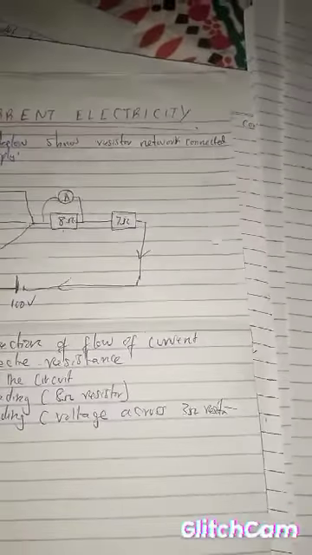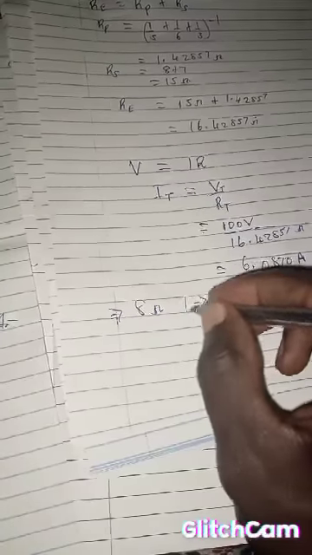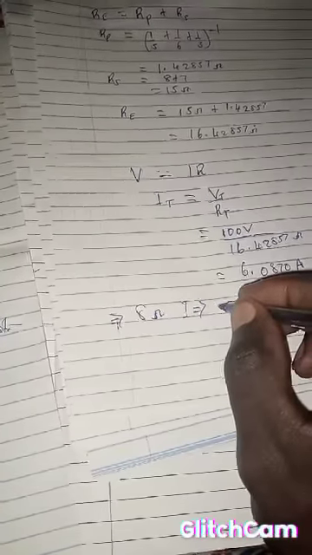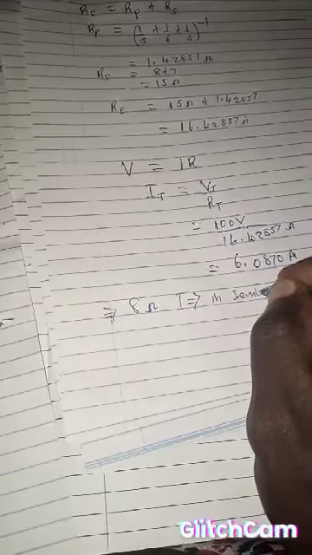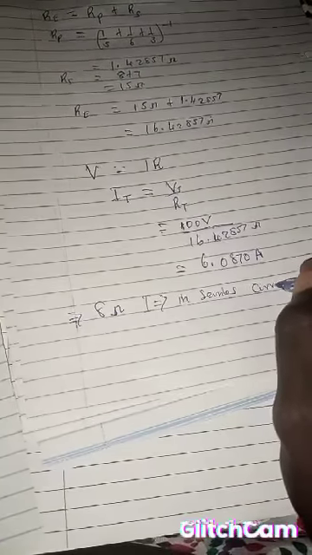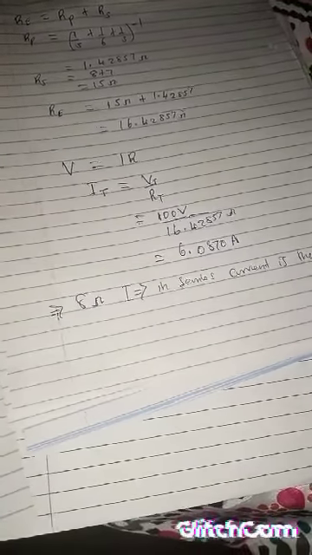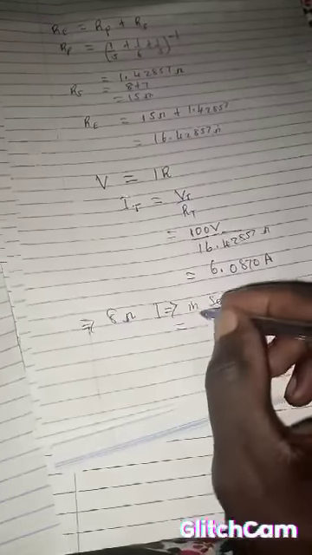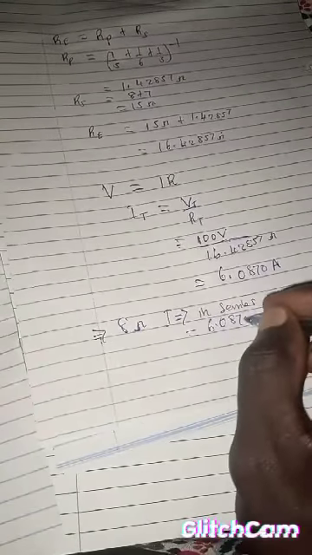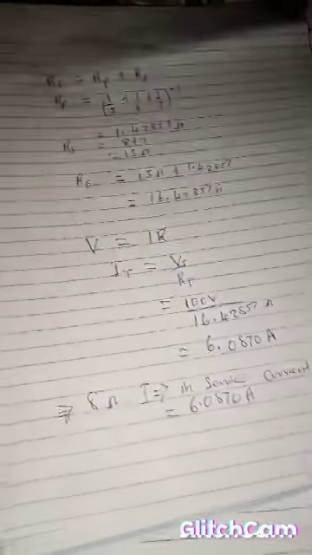So for the 8 ohm resistor, current is the same as the one in series, which becomes the effective current, which is 6.0870 amperes, as we had found up here.